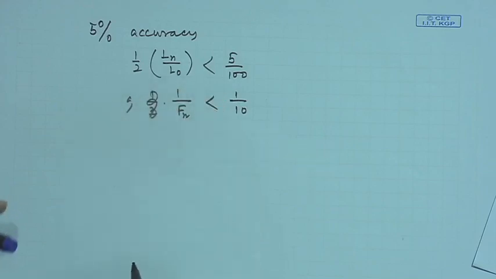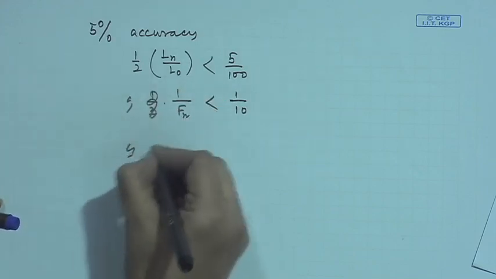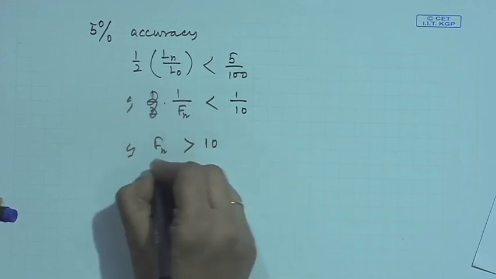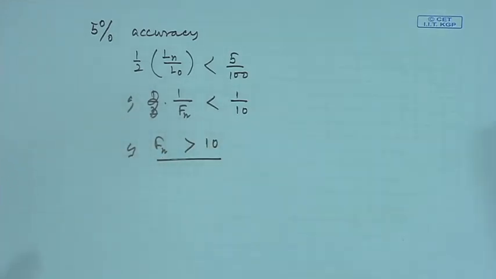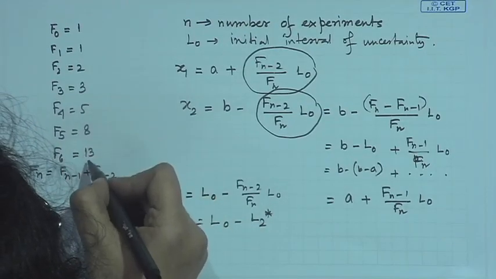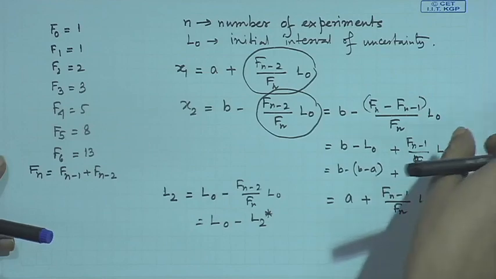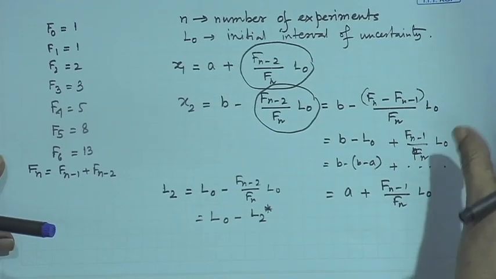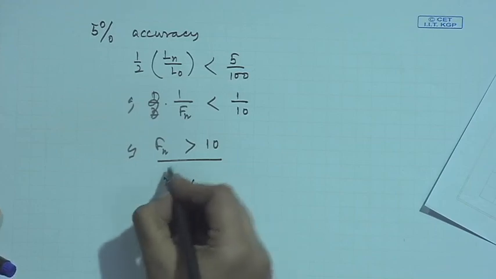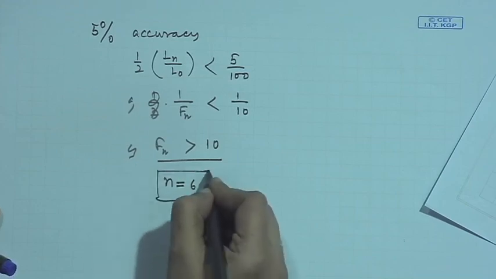That means Fn must be greater than 10. If I again see the Fibonacci series, Fn greater than 10, the minimum value must be 13. That means I need to do 6 number of iterations. That is the beauty of it.